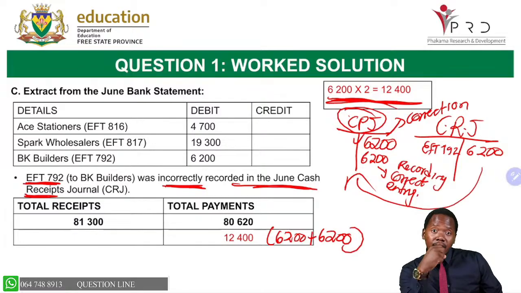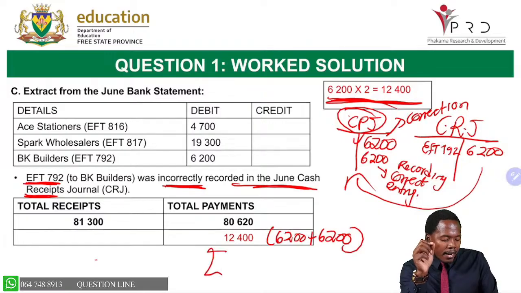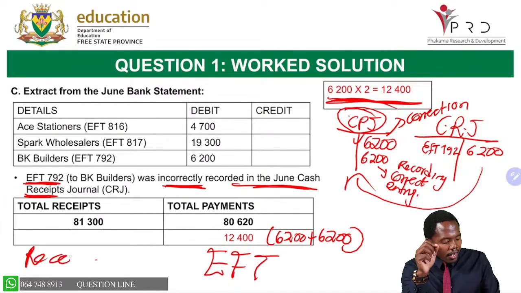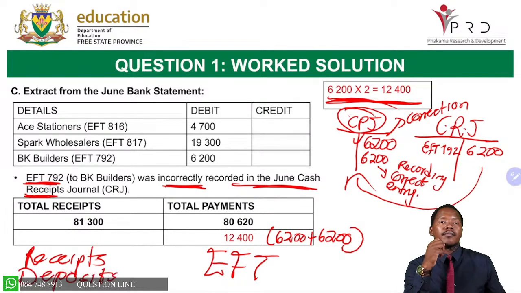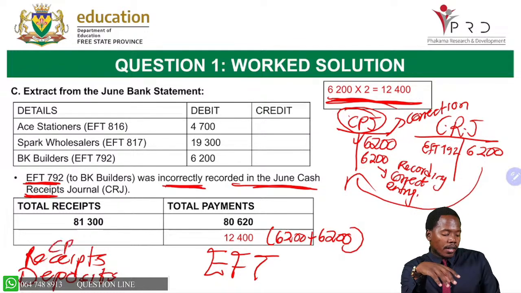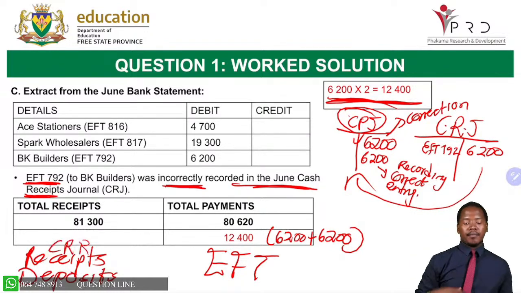Now, why am I recording it in the CPJ? Because this is an EFT. Remember, here we have EFTs. Here we have our receipts and our deposits, apart from the cash register roll and all of that. Now, there we have it.